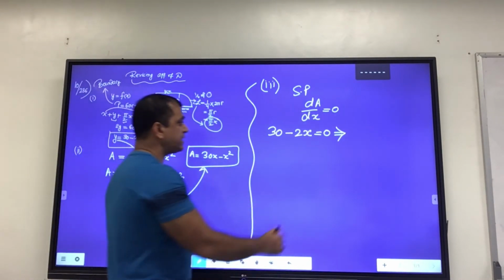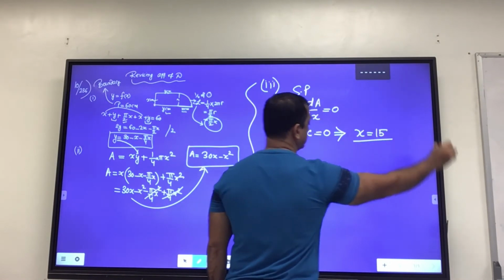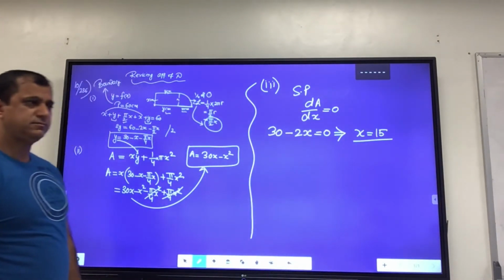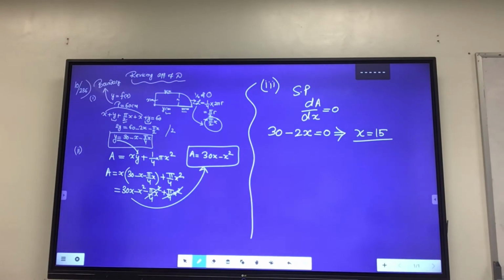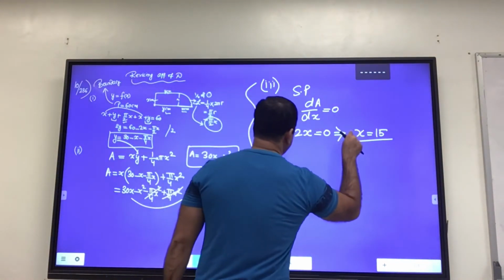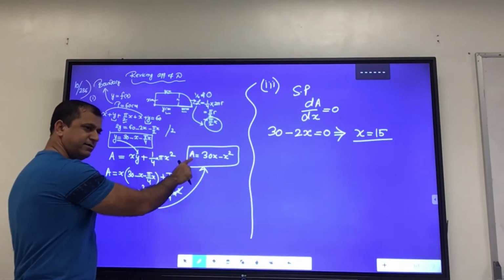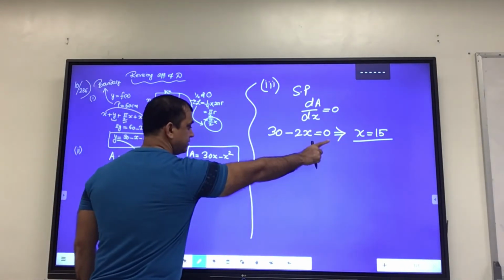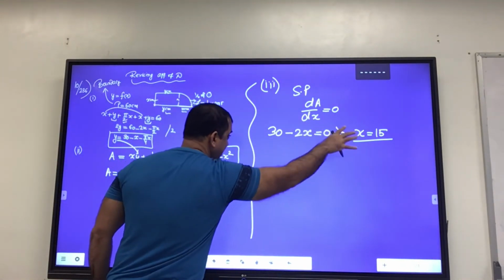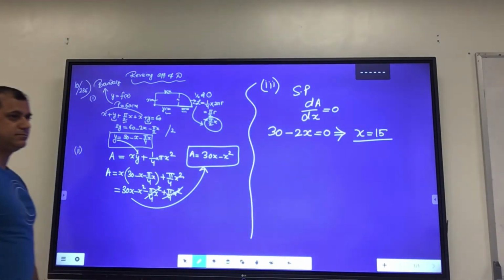So what should x equal to, guys? Is this stationary point? Not yet. So to get stationary point, I will plug in x value into y or A. This x to find stationary point, should I plug in x equal to 15 over this in this equation or this equation?